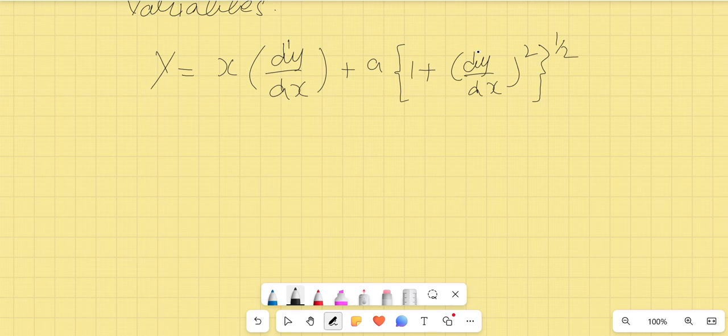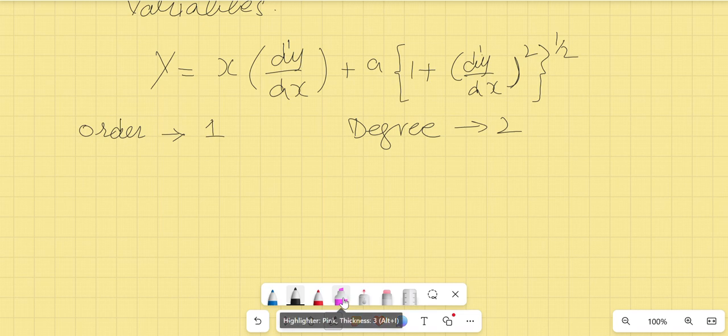So the order is 1 and the degree is 2 in that case. I hope that you understand what the order is, what the degree is, and what a linear differential equation is.